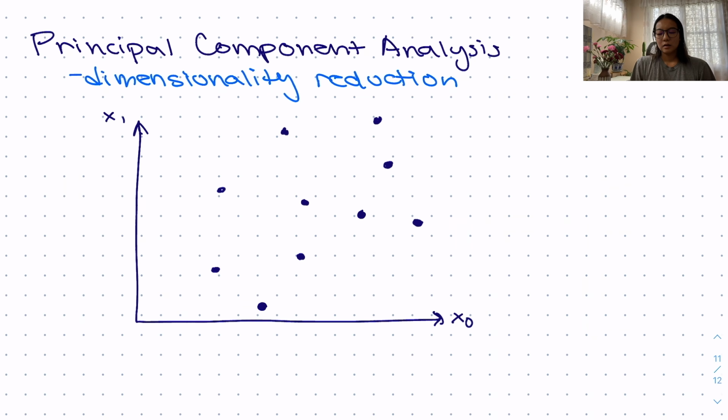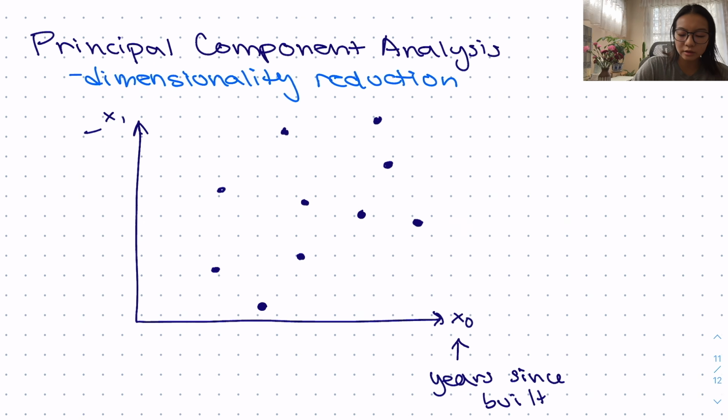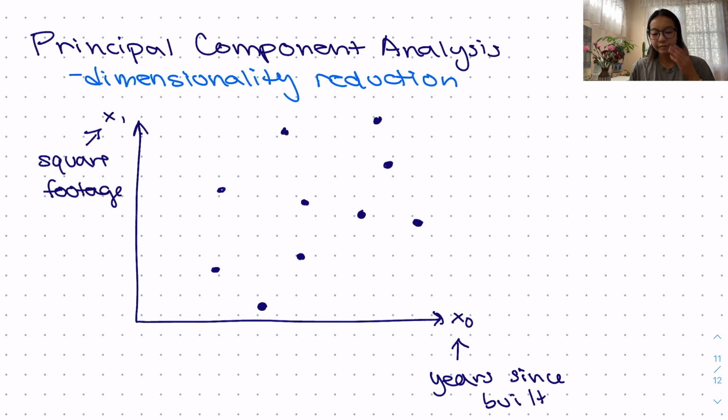So, for example, if this were something to do with housing prices, x0 might be years since the house was built, and x1 might be square footage of the house. Like right now, it's been 22 years since a house in 2000 was built.